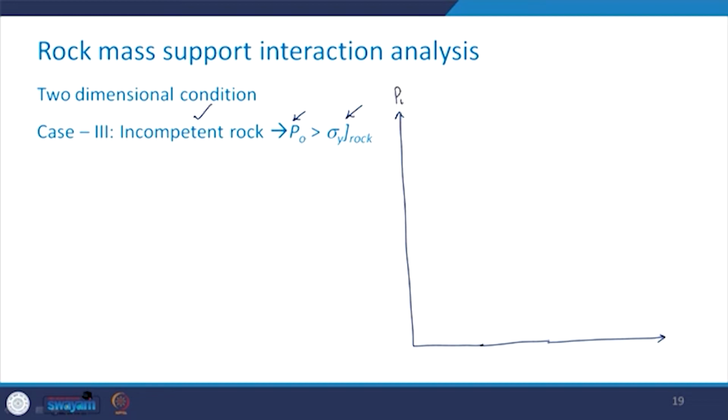Again here we have this Pi, which is the internal radial support pressure, and on this axis we have Ur, and in this case we will have, say, here this point is A, and we will have some different zones here.